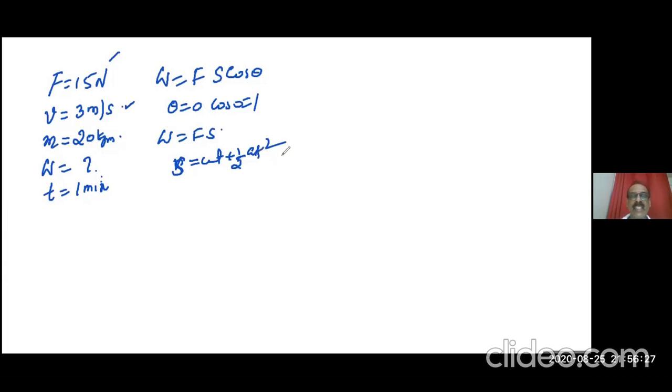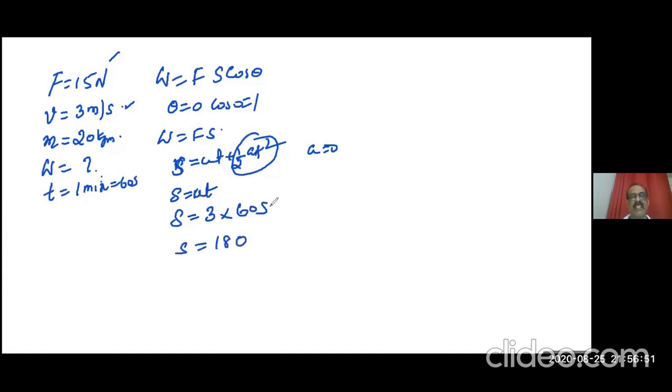So here acceleration is 0. Therefore, this component we don't have to consider. We will take only s is equal to ut. Any doubt? No, sir. Now s is equal to u, which is 3. Time 1 minute means 60 seconds. Substitute now. You get 180 meters.